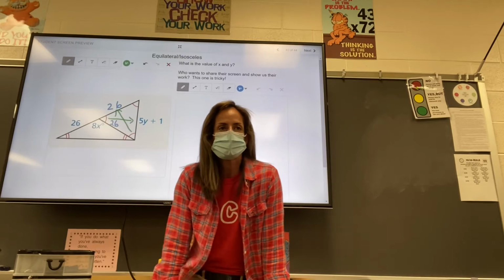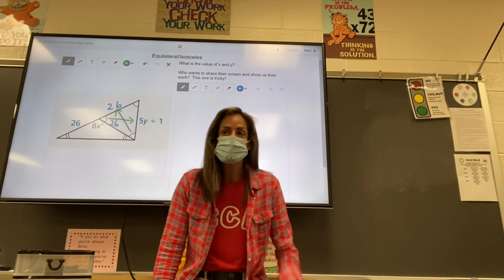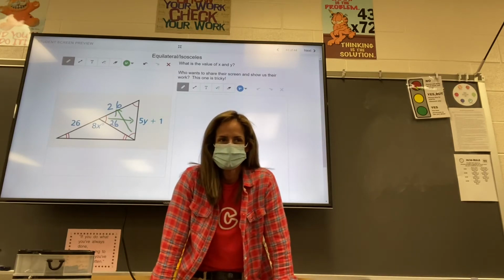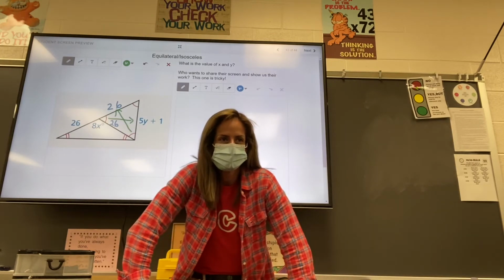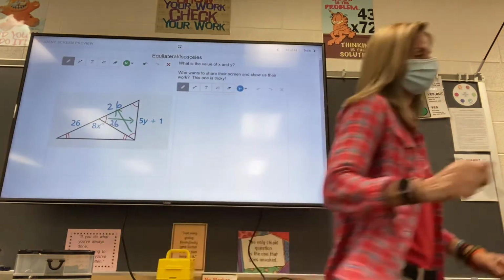They should be equal, they should be congruent. So we can write an equation. What's the equation? 5y plus 1 equals 26. Let's do it.